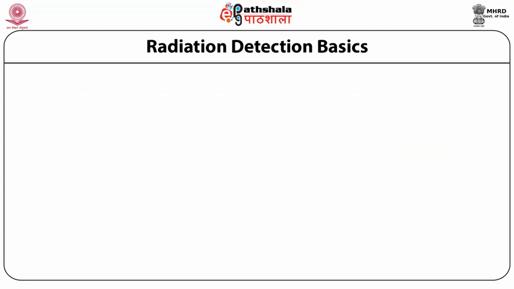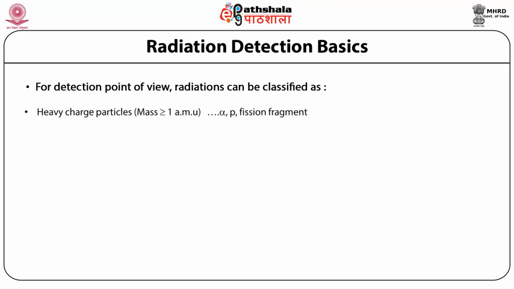We will now see what sorts of radiations we know of and which can be detected by detectors. From the detection point of view, radiations can be classified as heavy charged particles.